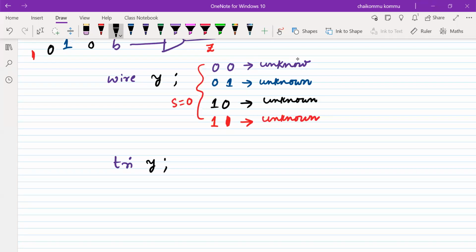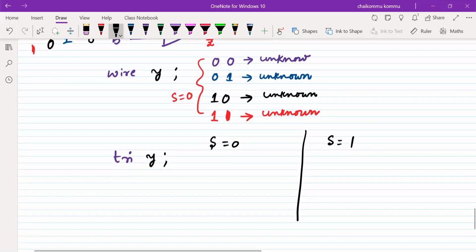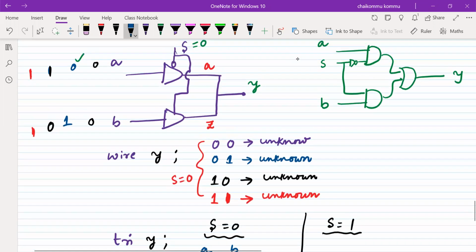So what is happening here for the S is equal to 0 case and the S is equal to 1 case? For S is equal to 0, for example, A and B, if you consider 0, 0 and apply, A will be selected.